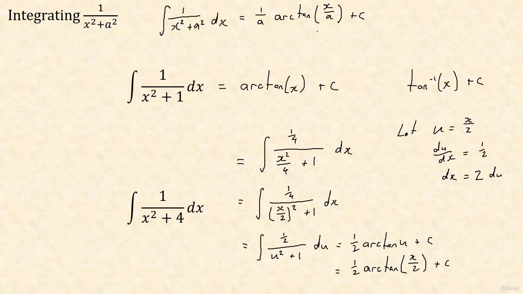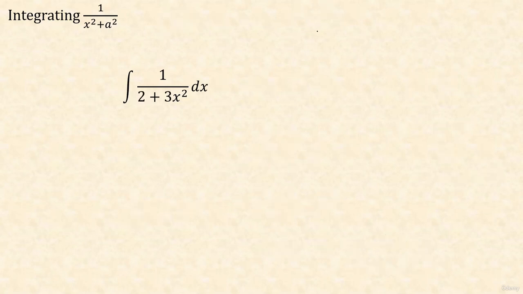Let's apply this in a slightly more challenging case. So we want to integrate 1 over 2 plus 3x squared. We can't use the rule that I've just shown you, which I'll just remind you, our rule being the integral of 1 over x squared plus a squared as being 1 over a arctan x over a.